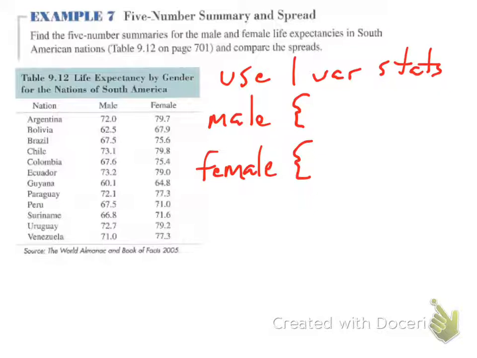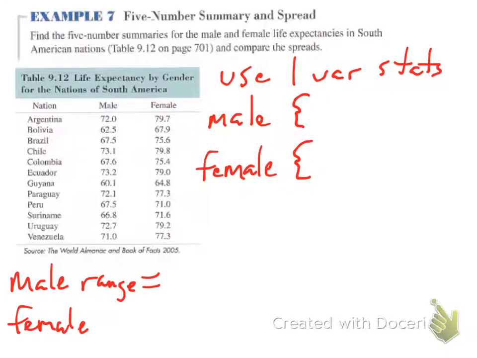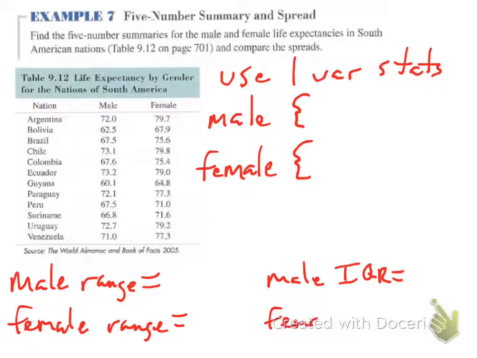Then find the range of the males and then the range of the females. Then I want you to find the interquartile range for both. You guys can easily do this with your calculators. I'm not going to waste time doing it. Figure those out, and then tomorrow in class we'll talk about what to say when we compare the spreads.